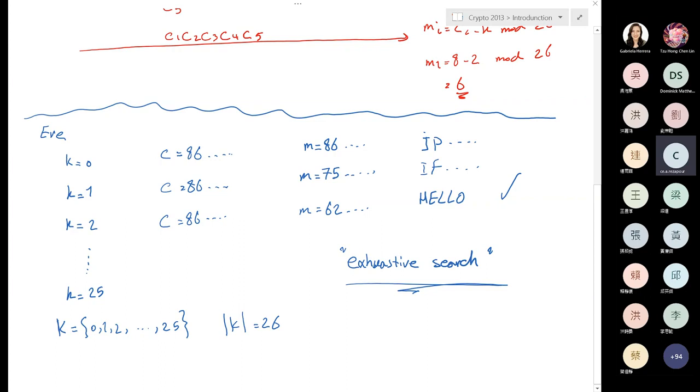So the easiest way that we can imagine to attack an algorithm is to take the algorithm as it is and try all possible combinations of the keys. And the moment you find the key where the message starts to make sense, you can just halt there and say, okay, I think I found the key.